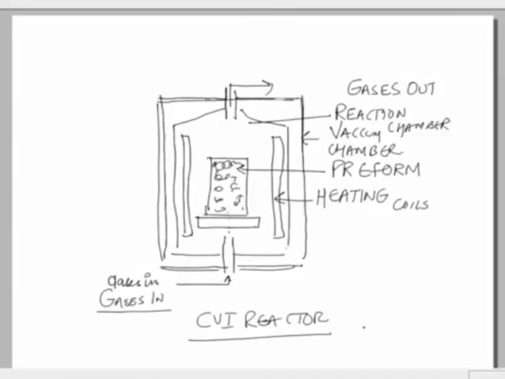So there are a large number of parameters which have to be governed, but we are not going to go into the details of those parameters. We just need to understand the application of the CVI process for fabrication or processing of ceramic matrix composite.